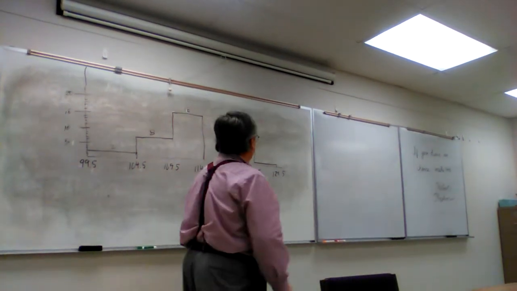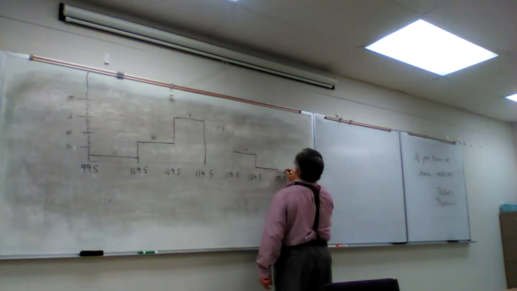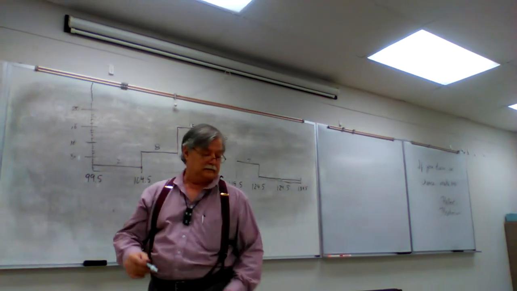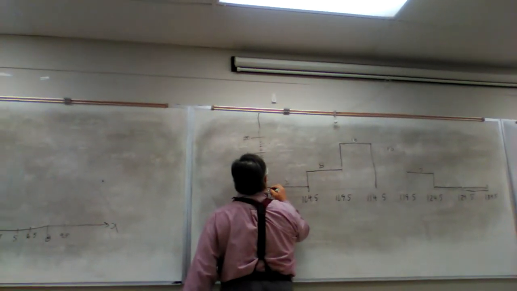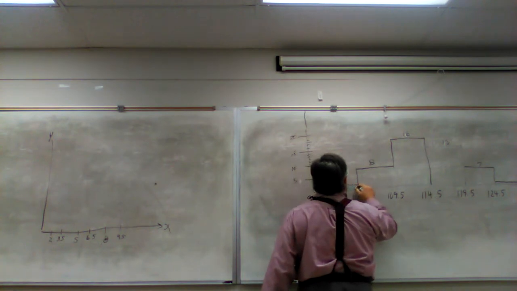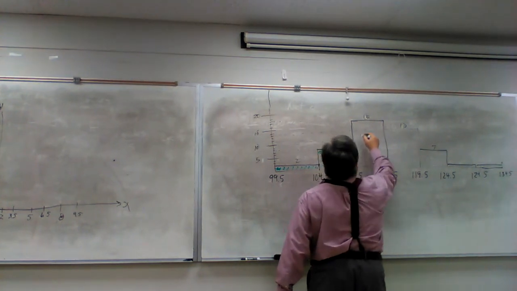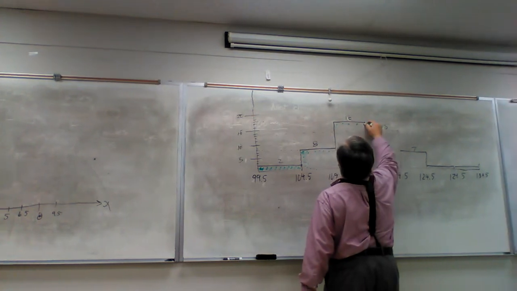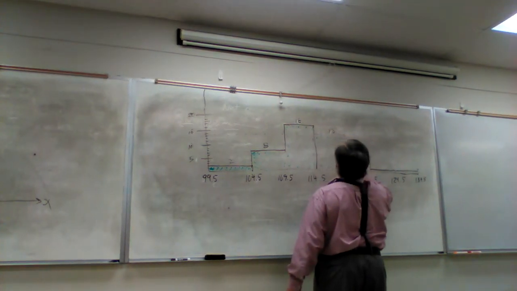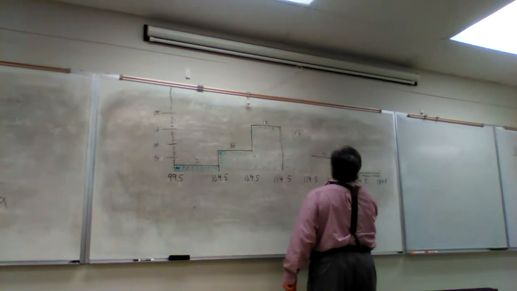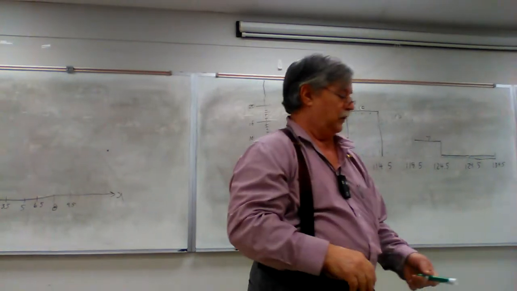Oh, I didn't draw the last boundary, which is 134.5. And we can shade them in to make it look better. That is one histogram.